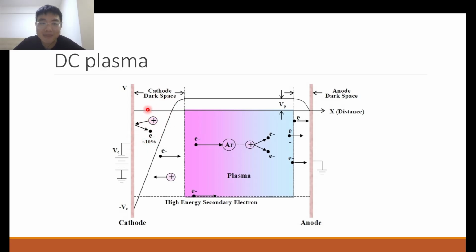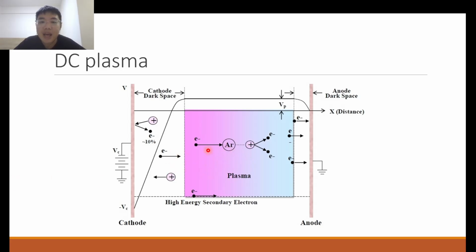When a bias is applied, let's say a negative bias is applied here on the cathode, and here is connected to ground, the positively charged ions that obviously exist in your plasma will be accelerated towards this cathode and bombard the cathode. When they bombard the cathode, they tend to release secondary electrons, and these secondary electrons will be accelerated in the opposite direction by the electric field because they are negatively charged.